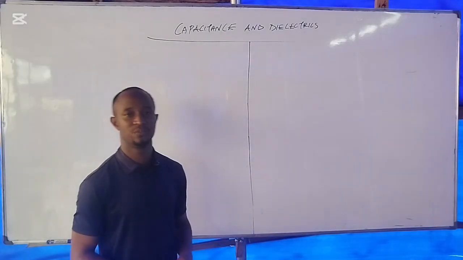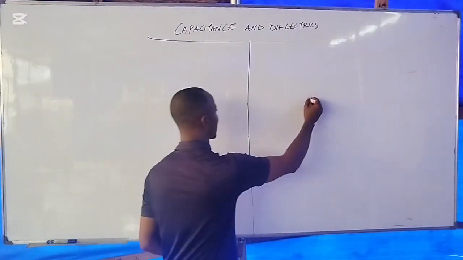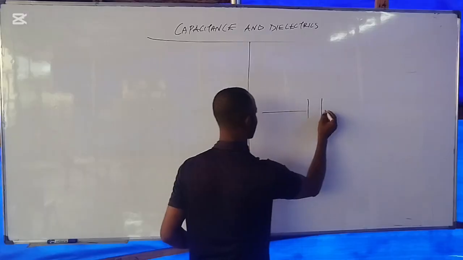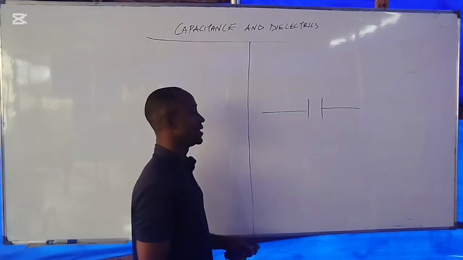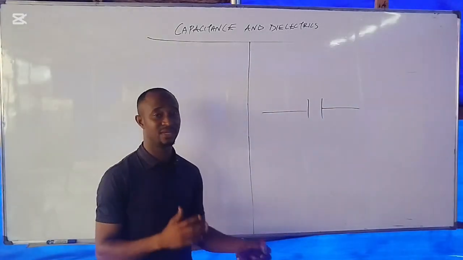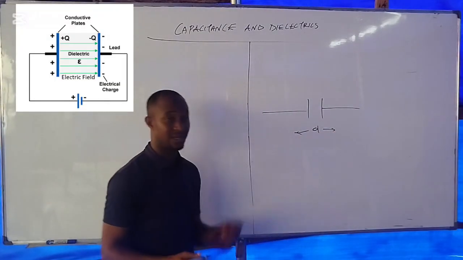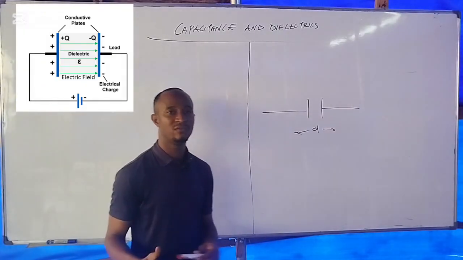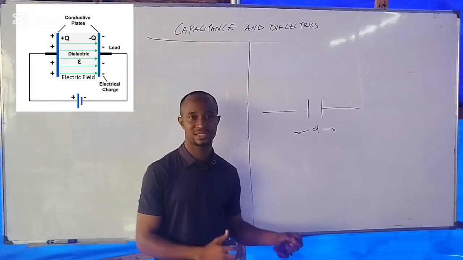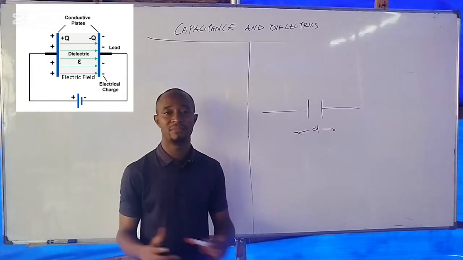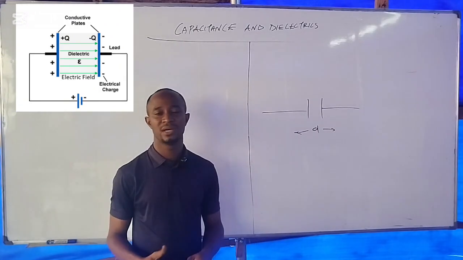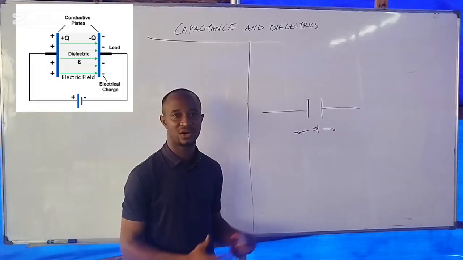But let's look at the structure of a capacitor. If we have a capacitor of this kind, a capacitor is made up of two parallel plates separated by a certain distance. Now, one thing you all should understand is that a capacitor remains uncharged until a battery is connected across it.